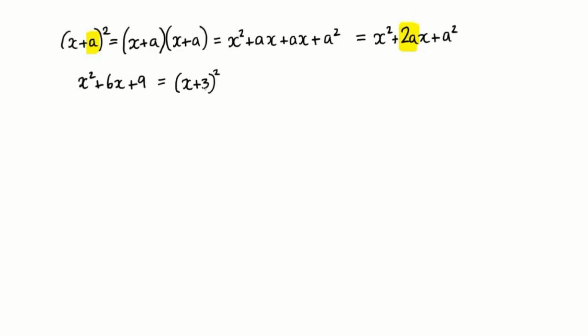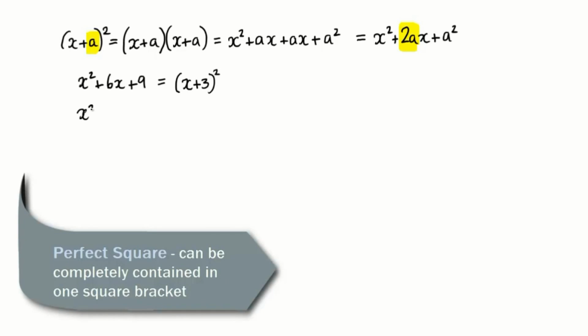Now that will give me a plus 9 at the end, so this one is a perfect square already, as is x squared, add 10x, add 25. That will go immediately into one bracket squared, as will x squared, take away 12x, add 36. That can be written directly as x take away 6 squared. All of these are examples of perfect squares.